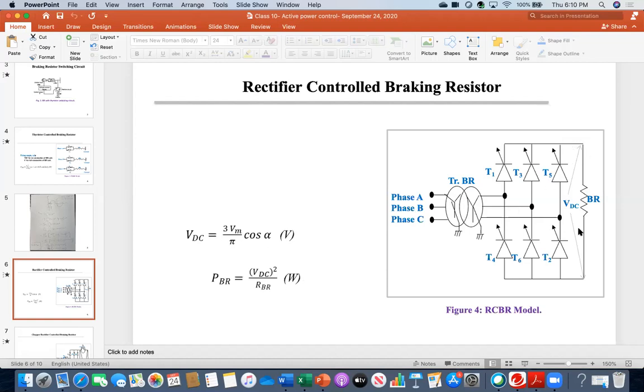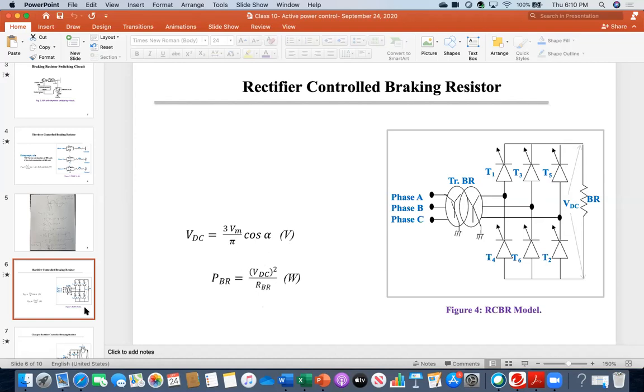And once you get the DC, the principle is just P = V^2/R, the basic equation. So the main thing is controlling alpha. By controlling alpha, you control the VDC value, and accordingly you can control the power consumption by the resistor.